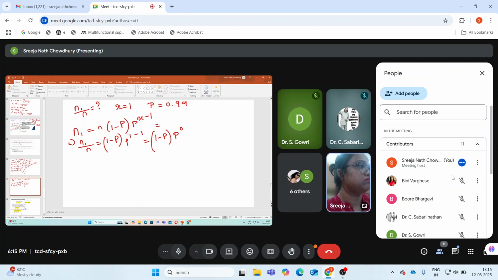Then this entire quantity is the mole fraction.